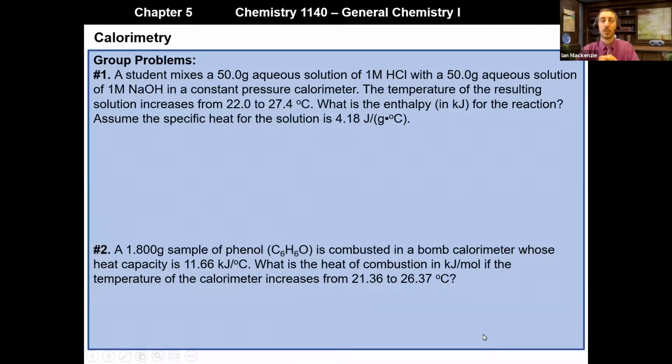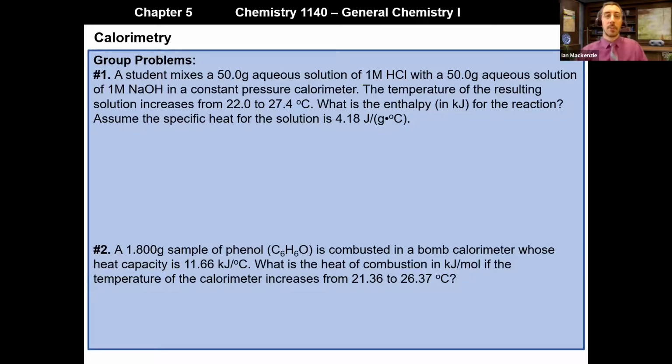Okay, so we've done constant pressure calorimetry, and we've done variable pressure, or bomb calorimetry. Now let's work through a couple of examples of how you would solve problems that involve calorimetry. So let's take this first one.